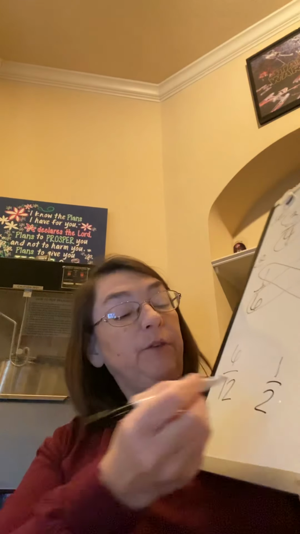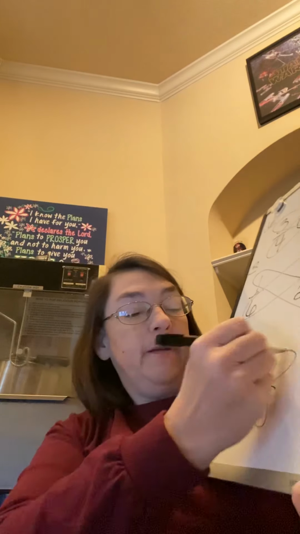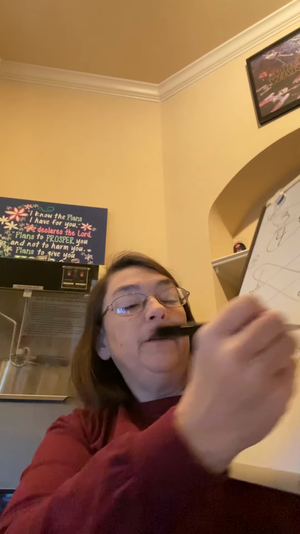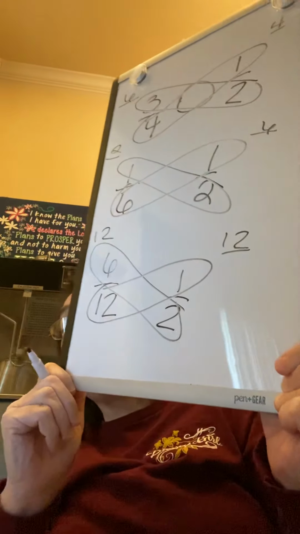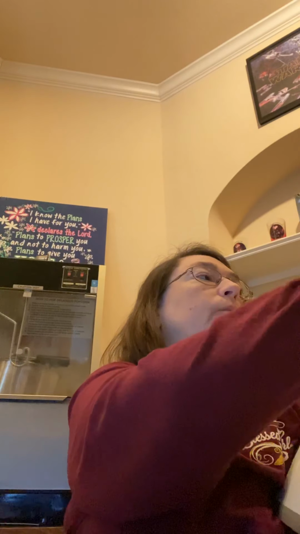All right, 6/12, we butterfly. This gives us 12. This gives us 12. So is 1/2 smaller than 6/12? No, it's equal to it. So I can't circle that one. All right, let's move to 4/10. I'm hearing a yes.